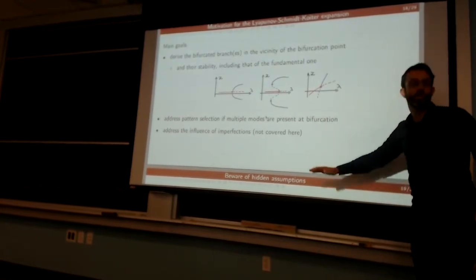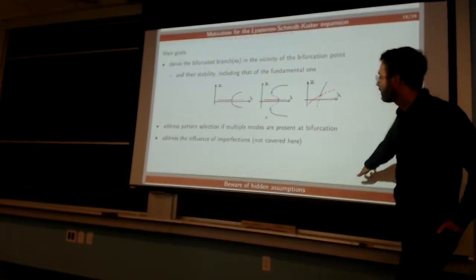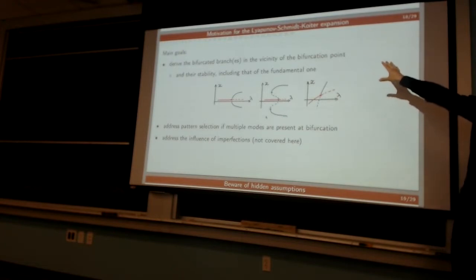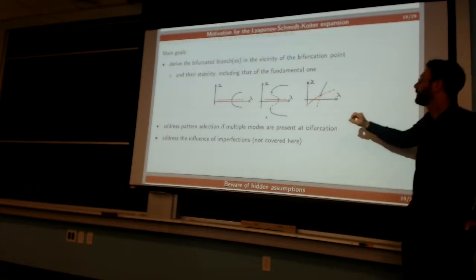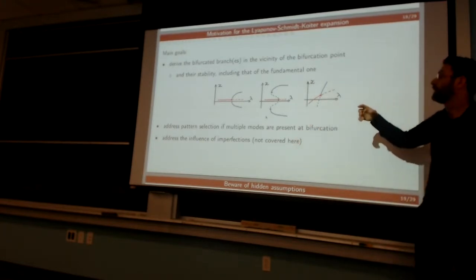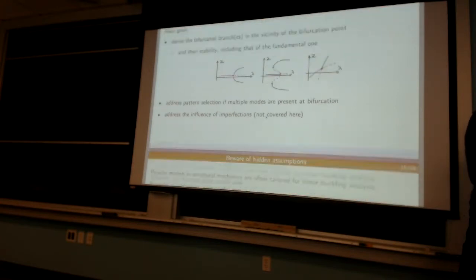And a very important application also, which I won't have time to cover, is the case of imperfections. I'll come back to this a little bit at the end, but historically, that has been a huge success, mostly due to Koiter, to use this framework and use it to explain the very strong importance of imperfections, at least in some specific cases that were important in practice.